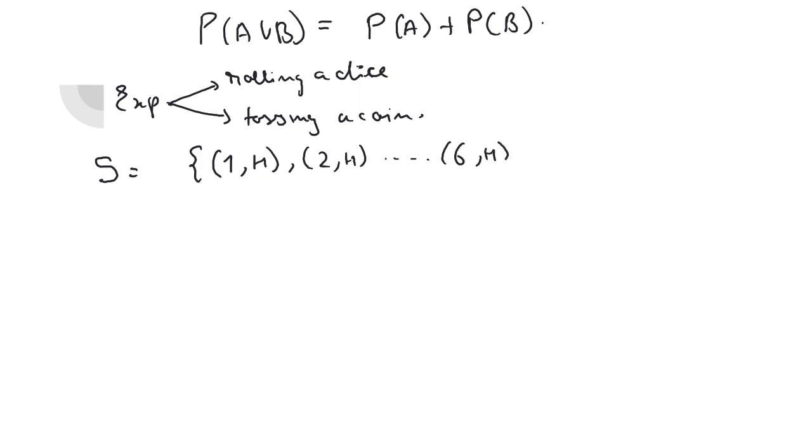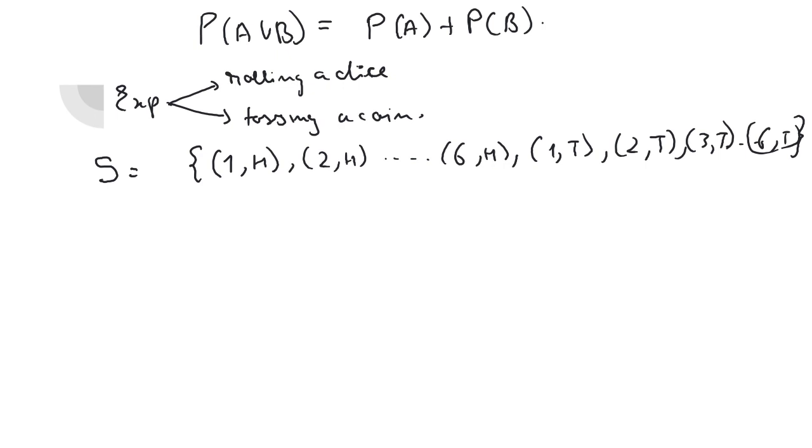So these will be the combinations of numbers on the die and heads. Then there will be outcomes where tails occurs instead of heads: 1 and a T, 2 and a T, 3 and a T, up to 6 and a T. Okay, so this is our sample space here, right?